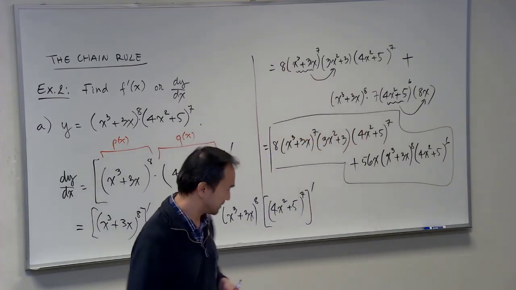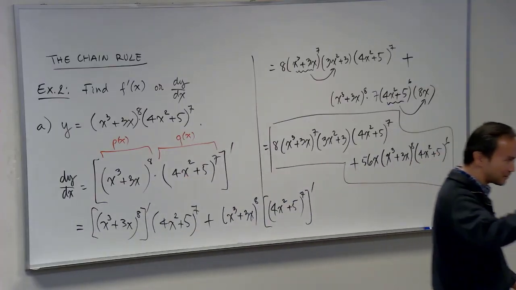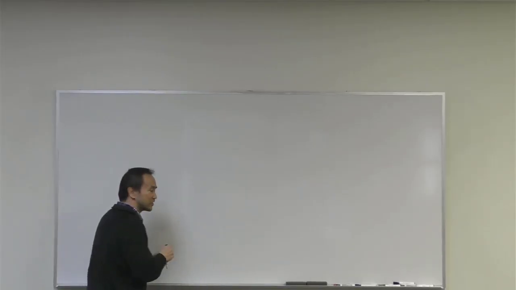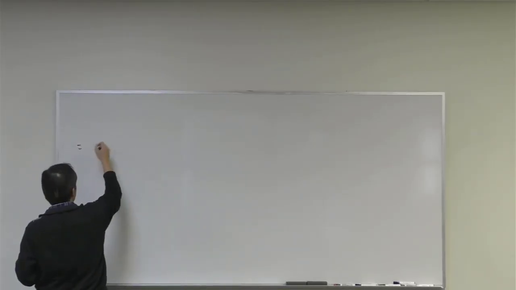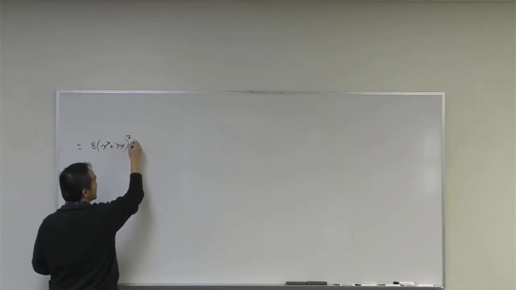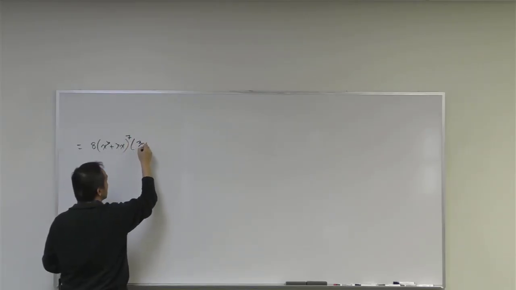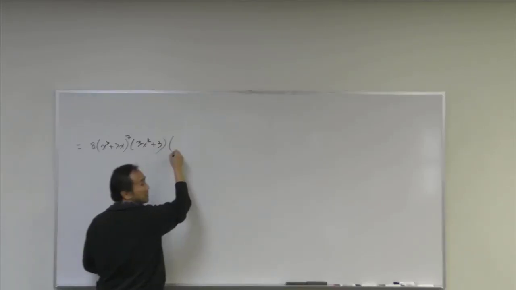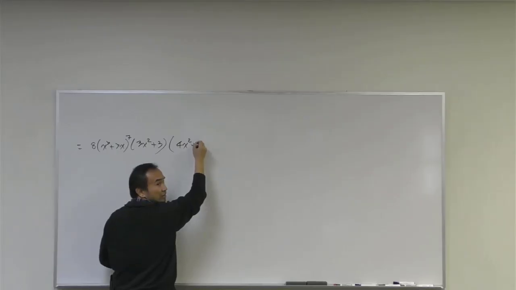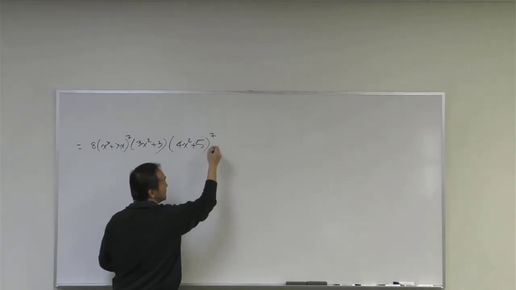But as a matter of fact, at a little bit deeper algebra level, I hope you guys realize one thing. Let me write that here so that you have a better look at that. So we have two terms. There's 8, and then there's x cubed plus 3x to the 7th power, and then 3x squared plus 3, and then 4x squared plus 5 to the 7th, and then there's plus.